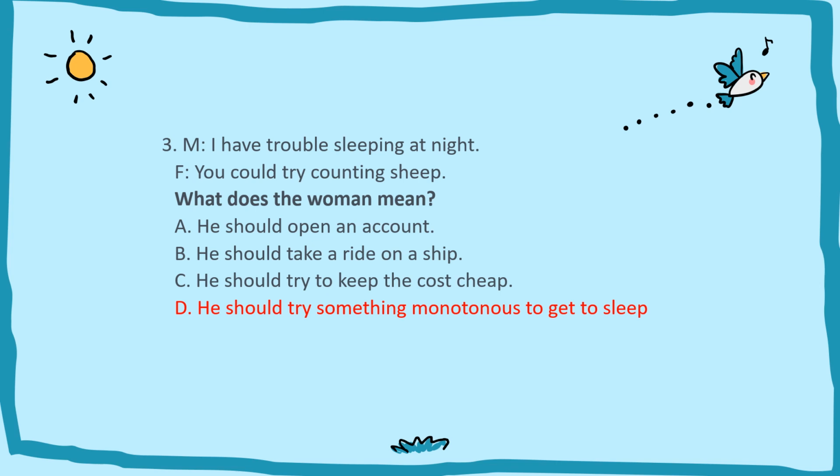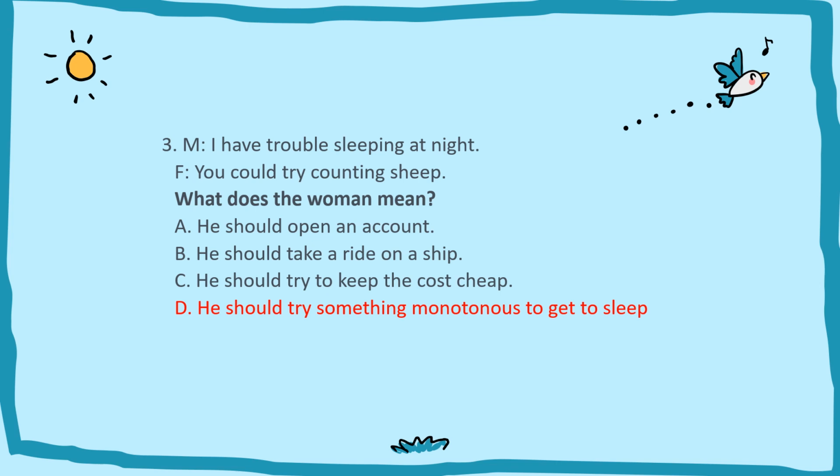This question is kind of tricky because you have to understand the meaning of counting sheep in the conversation. If you already know the meaning of counting sheep, I'm sure that you can straight away answer the question. But if you don't, I'll guide you with the strategy that I've said before. Remember, be careful with words that sound similar to the question.